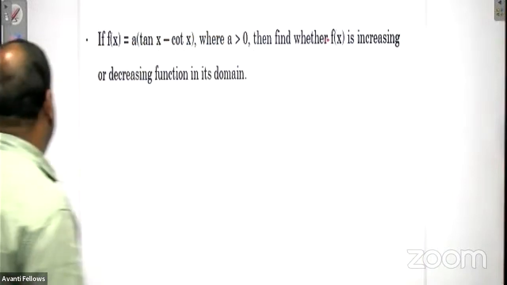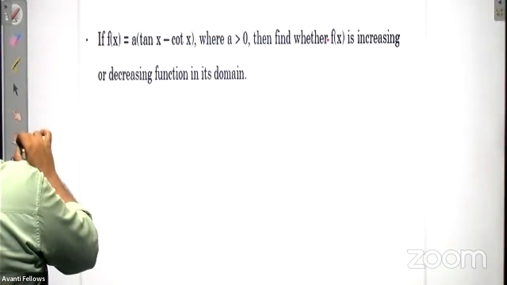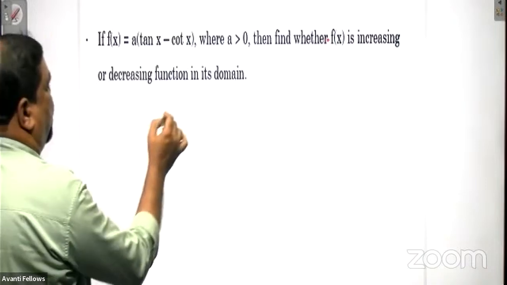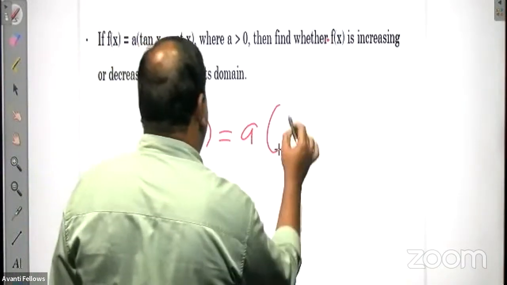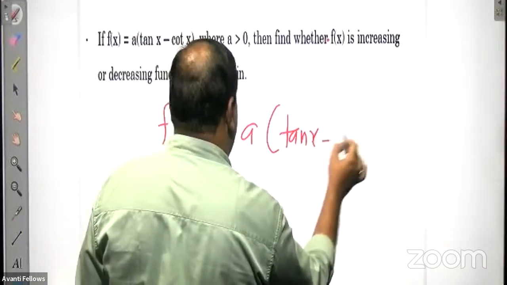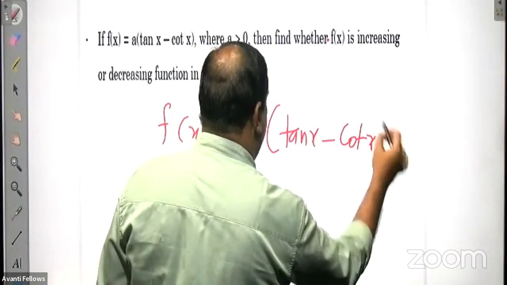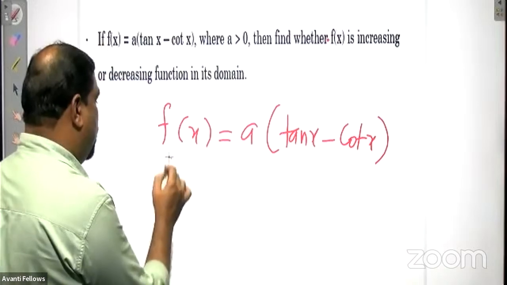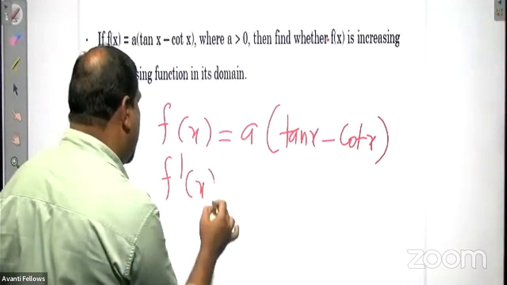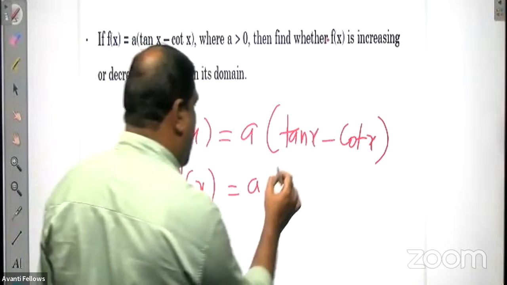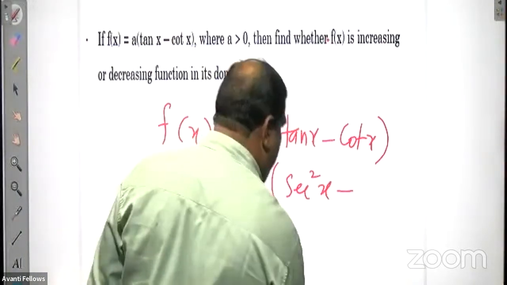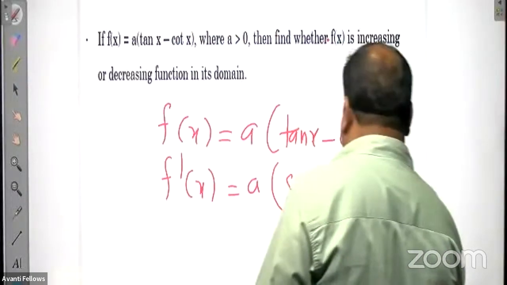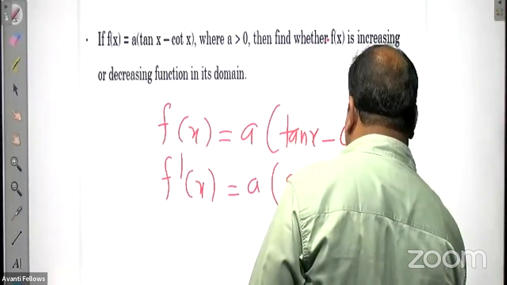So it's a simple question actually. Simply, we can differentiate. F of x is given as a into tan x minus cot x. Then what is f dash x? F dash x equals a into sec square x minus the derivative of cot x, which means minus cosec square x.